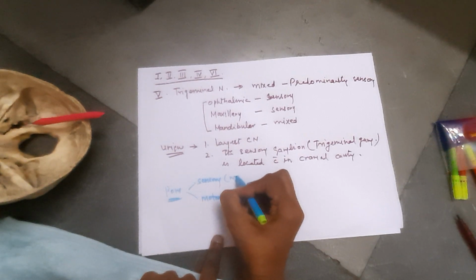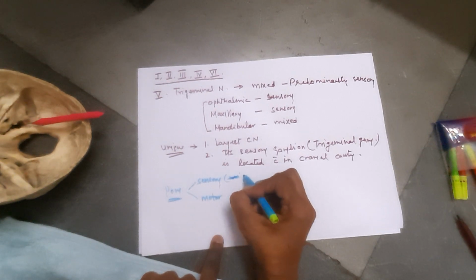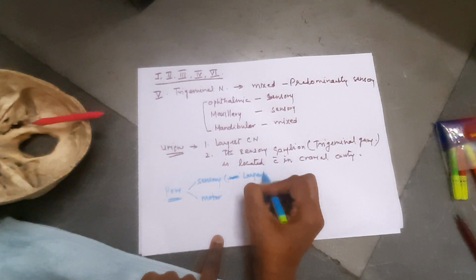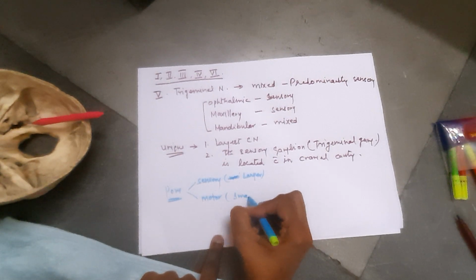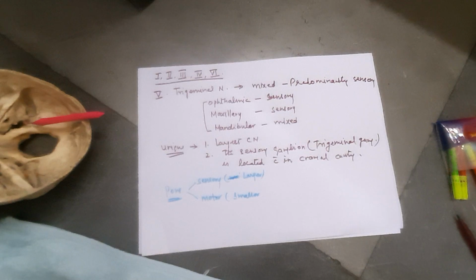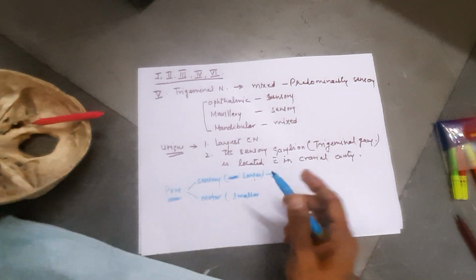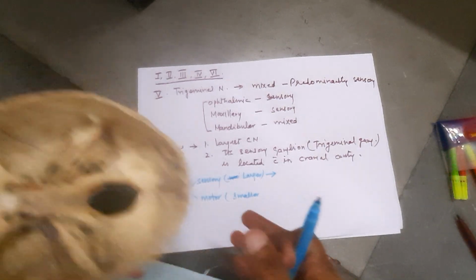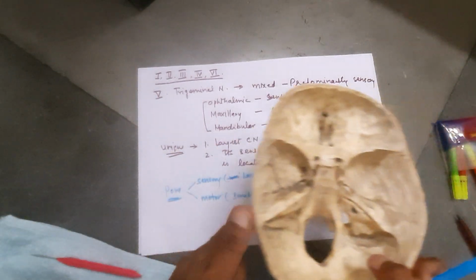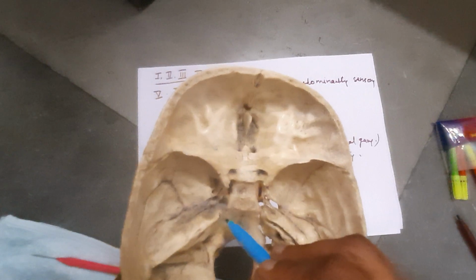The sensory root is the larger one, and the motor root is the smaller one. After leaving the pons, the sensory root will go further forward. It leaves the brainstem, the pons, and enters into the cranial cavity.